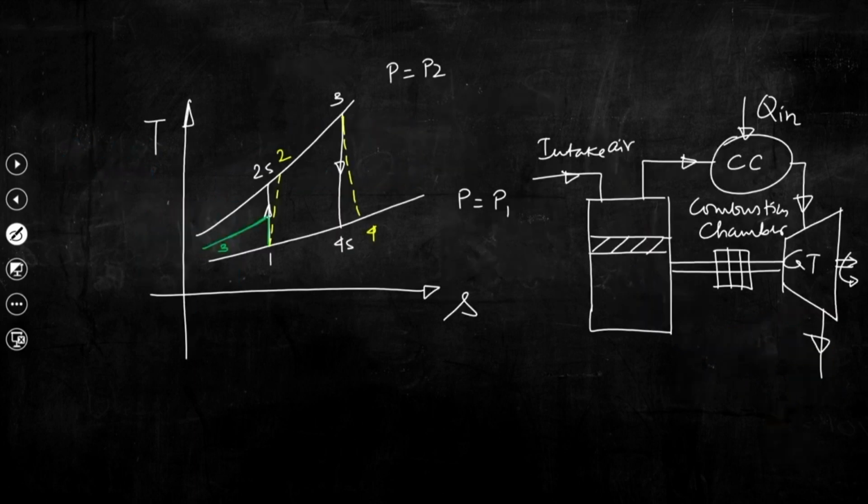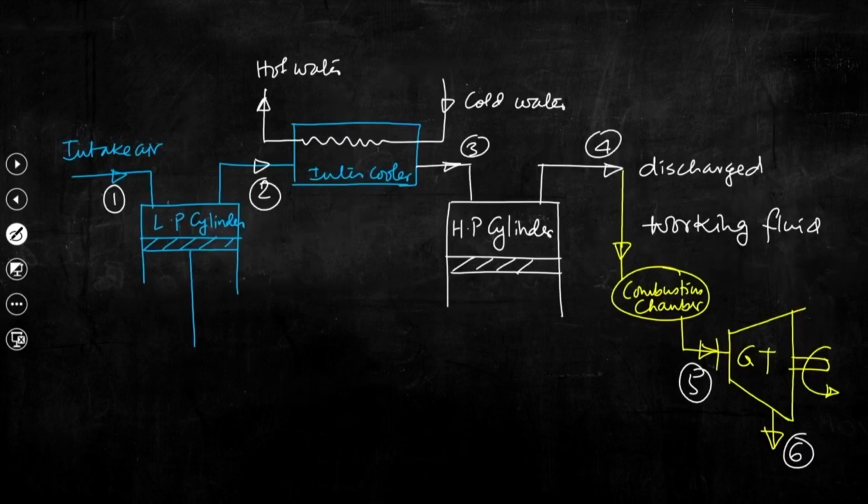Here we are trying to rise pressure from P1 to P2, and now again that pressure will be developed in a high pressure stage, 3 to 4, that you can see from this schematic diagram, and then finally 4 to 5, that is the heat addition at constant pressure in the combustion chamber.